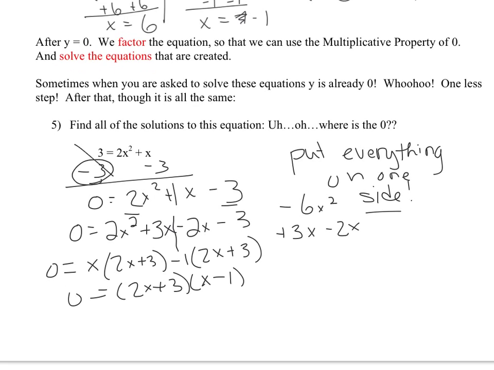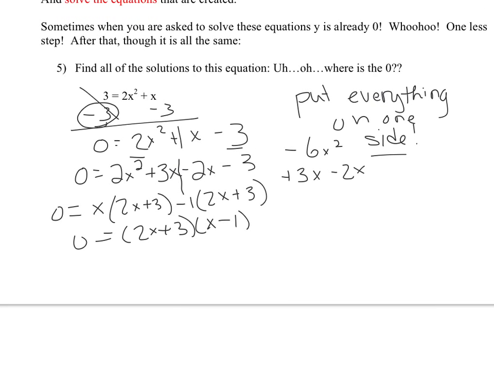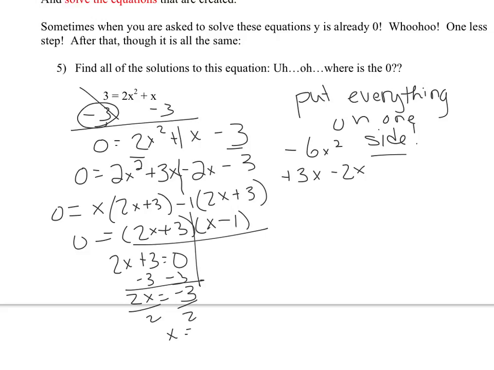And then we simply t-chart, and we're good to go. Bam! 2x plus 3 equals 0. Subtract 3. Ooh, can I go to the next page? Oh, that was exciting. Look at that. X equals -3 over 2, and x minus 1 equals 0, and x equals 1.